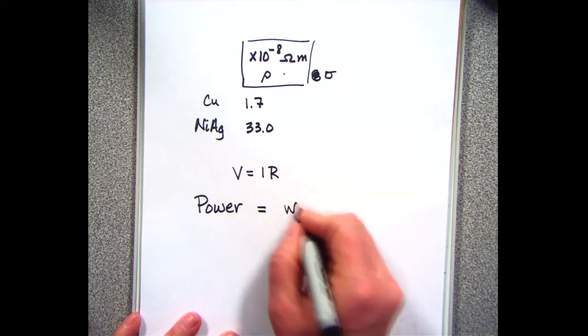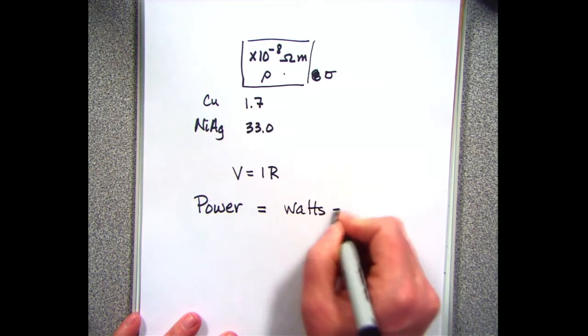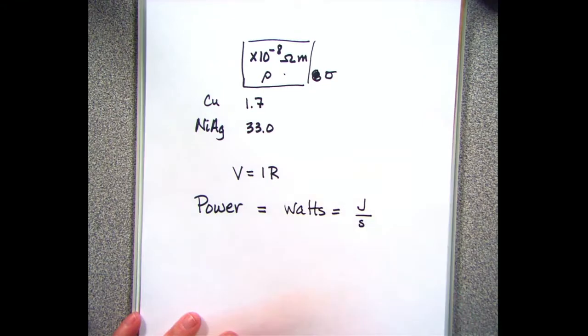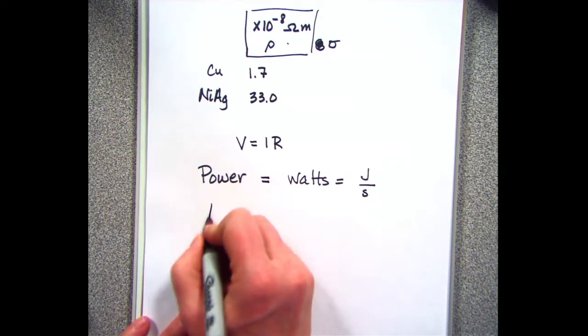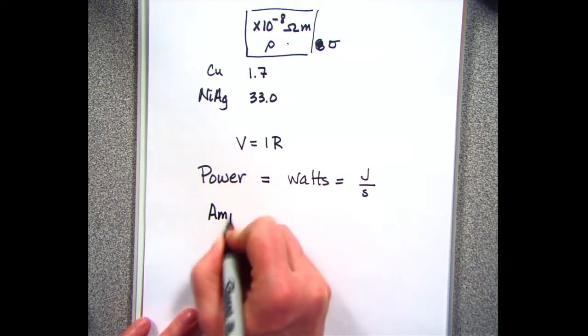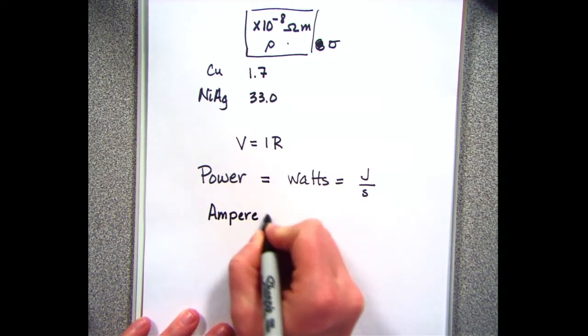And to remind everybody, because our units have gotten screwy, current is an ampere, which is coulombs per second. And remember, we defined current as the change in charge with respect to time.